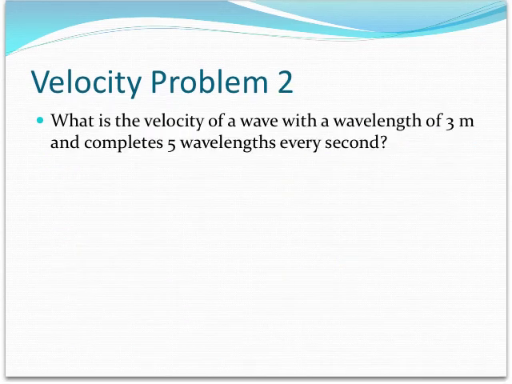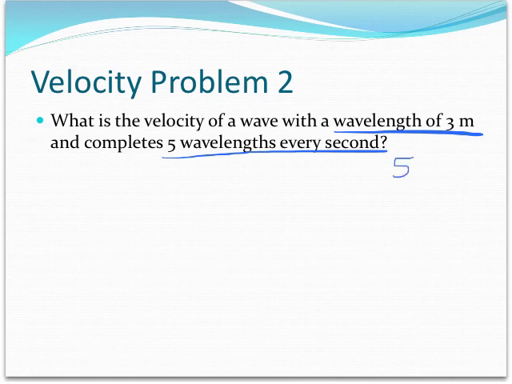Which is what we know to be the units for velocity. Something that might be a little bit more complicated is: what is the velocity of a wave with a wavelength of 3 meters and completes 5 wavelengths every second? So we have 5 waves per 1 second. That is equal to 5 hertz, which would be our frequency, because it's telling you how many waves are happening per second.